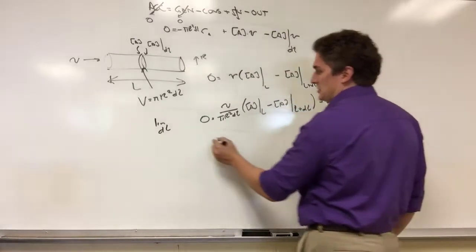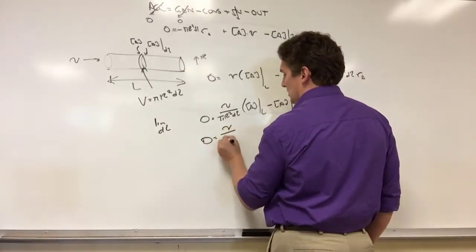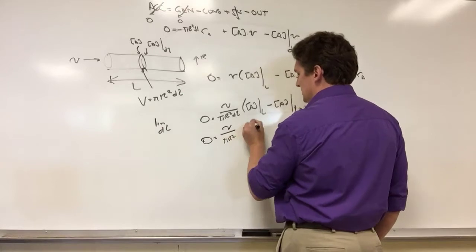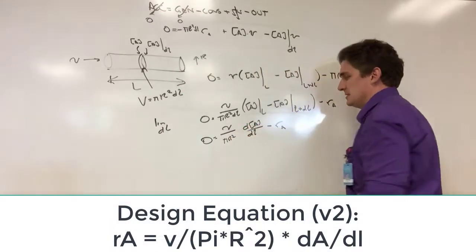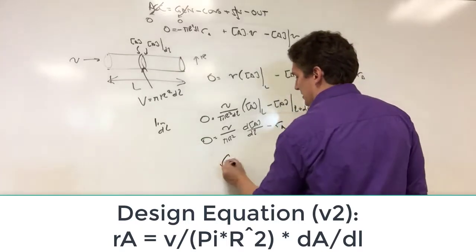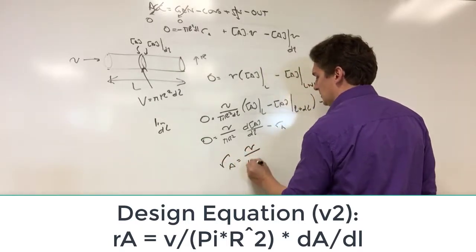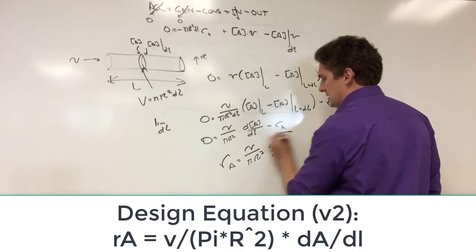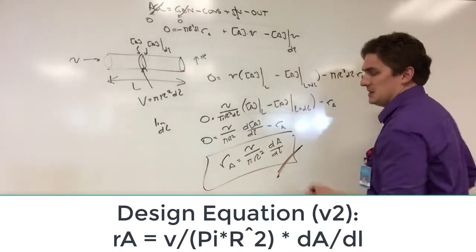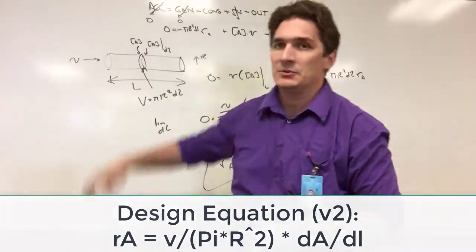What this is going to turn into is a derivative. So we get v over pi r squared dA dl minus r sub A. Rearranging, r sub A equals v over pi r squared dA dl. So this becomes our governing design equation for this type of reactor.